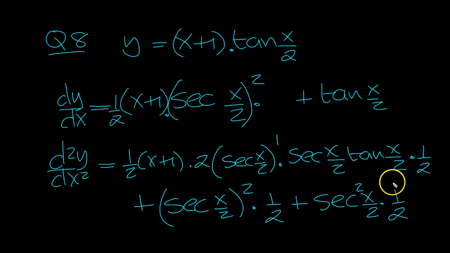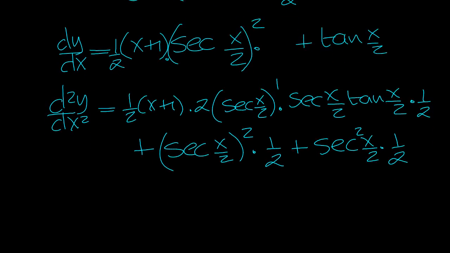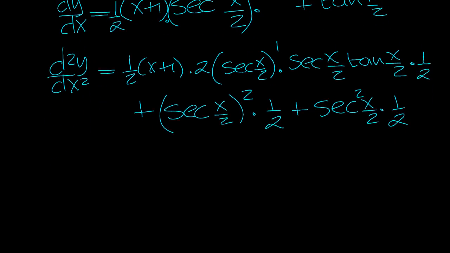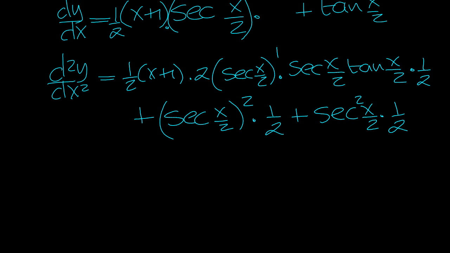Okay, now in the problem it tells us that we need to work out 2 cos squared. So we have to get it in terms of cos squared here. Now the left hand side is 2 cosine squared x over 2 d2y by dx squared.